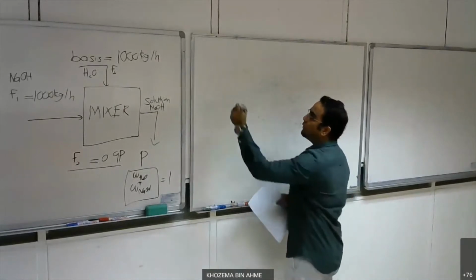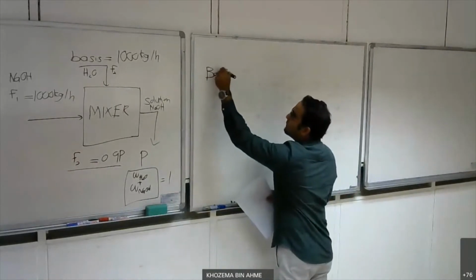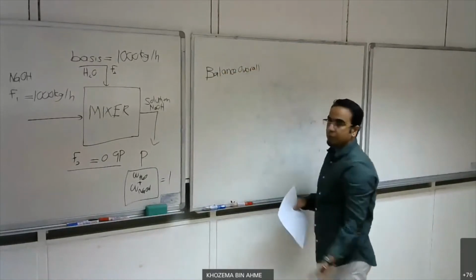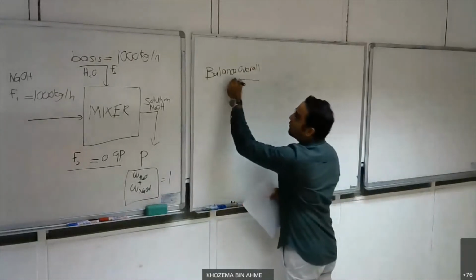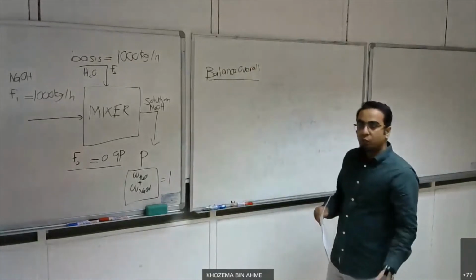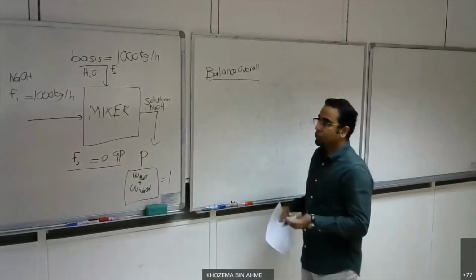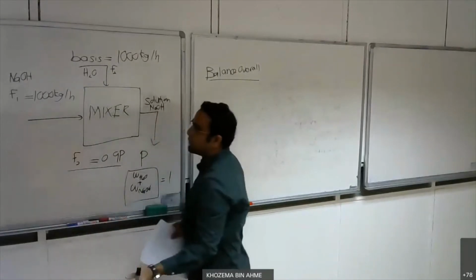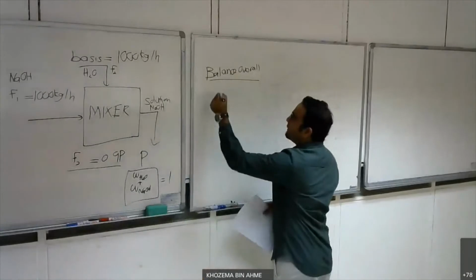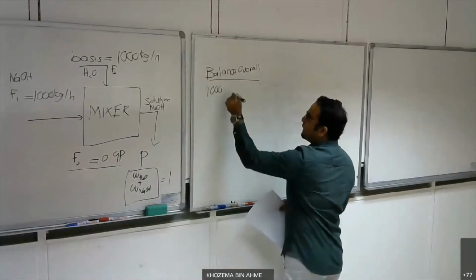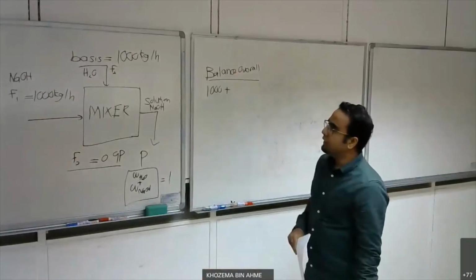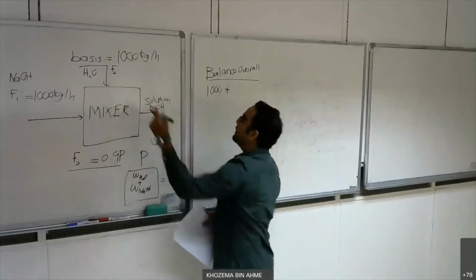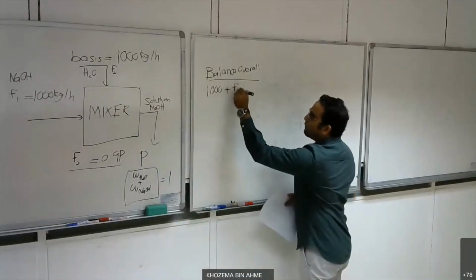The first option is that we do balance overall. Let's say we do overall balance. Overall balance means that whatever is coming in is going out. So if we go back to our flow chart, I know that I have 1,000 coming in. Plus, if you have anything coming in again, yes, my flow rate of water is also coming in. So I add my F2.